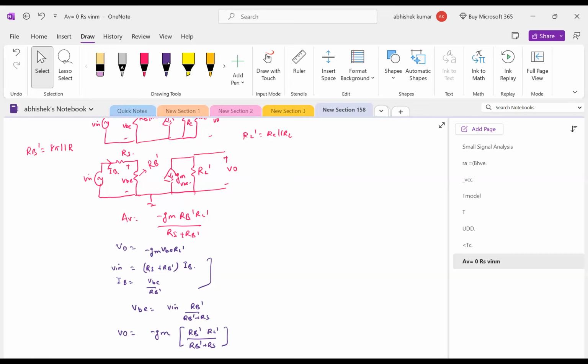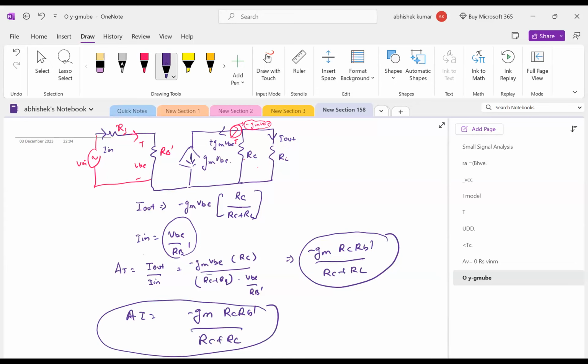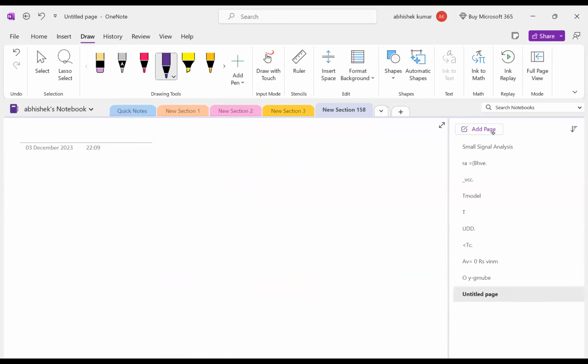We are left with one parameter only, that is output impedance. Can you tell me what will be the output impedance? Wouldn't it just be, sir, RC parallel to RL? Right.